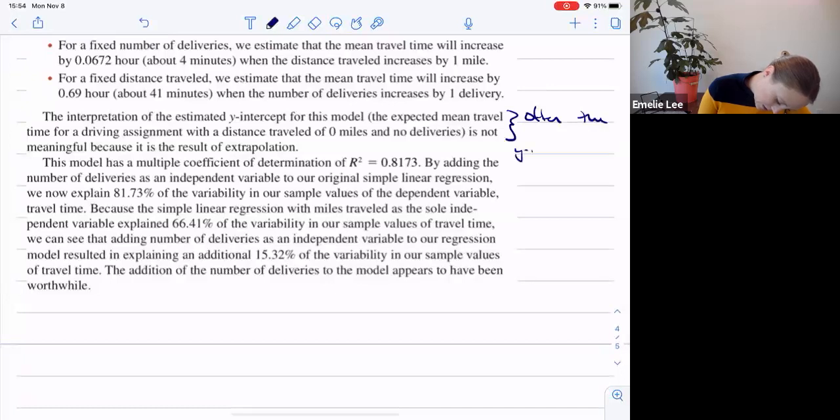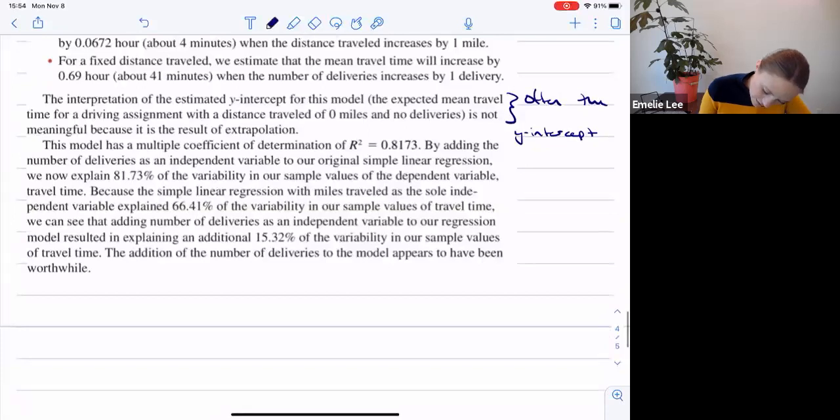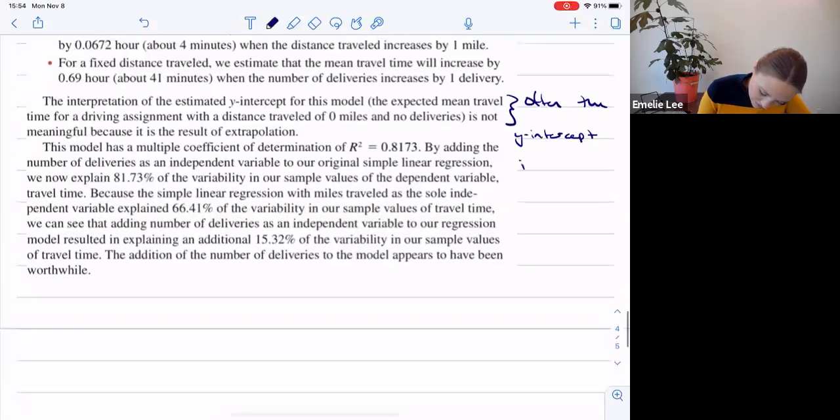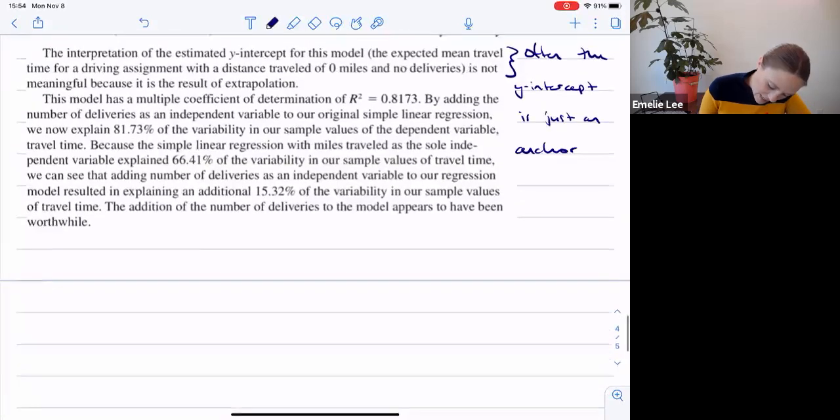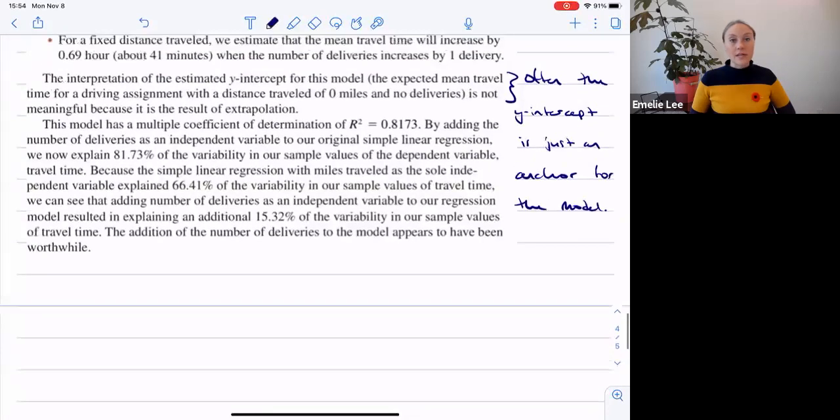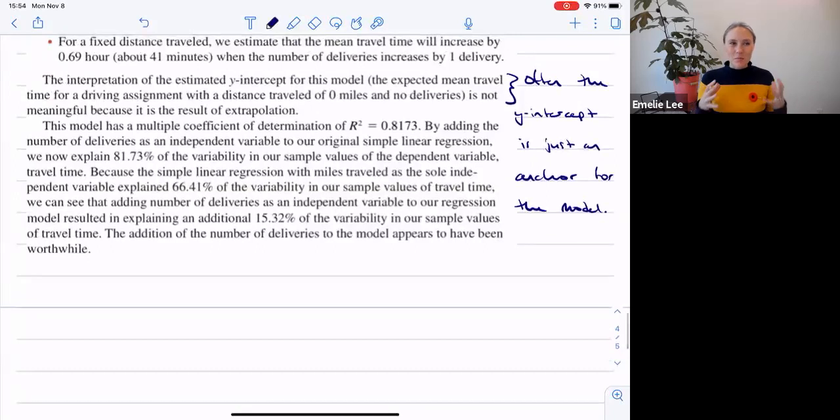Often the y-intercept is just an anchor for the line, or for the model, I'll say. Because it's not necessarily a line. We've seen that it can be a plane.